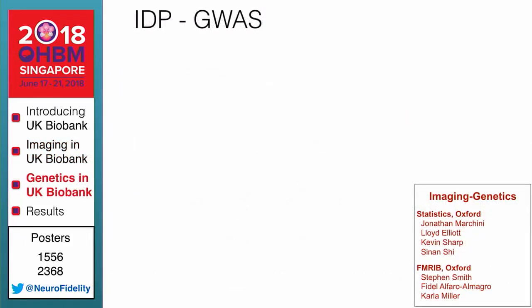Now I'm going to talk about what we have done with the genetic information in relationship with the brain images. We started with 8,400 subjects that had a common genetic ancestry.